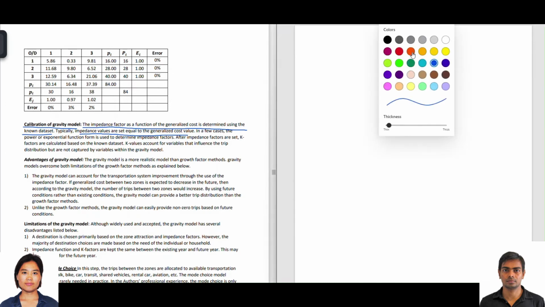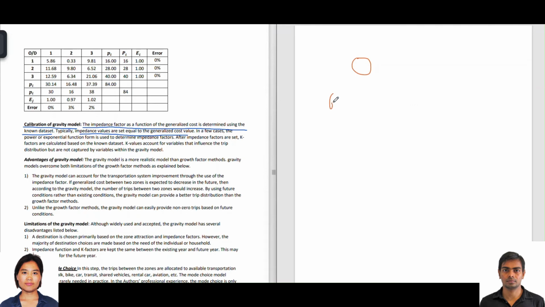So let's say this generalized cost includes travel time between them. If there are toll roads, then some toll cost, distance, because the fuel is burned based on distance, so we might consider distance or many other factors to come up with an equivalent cost between each OD pair.